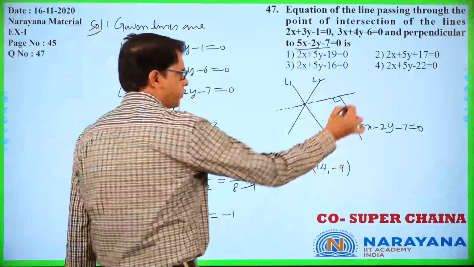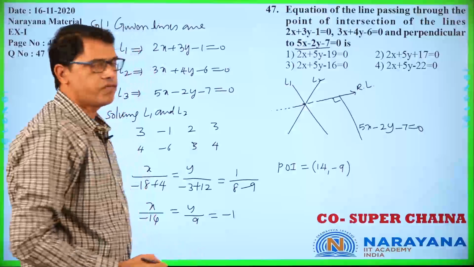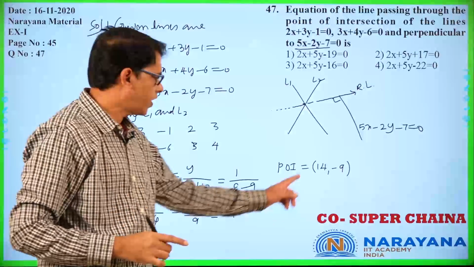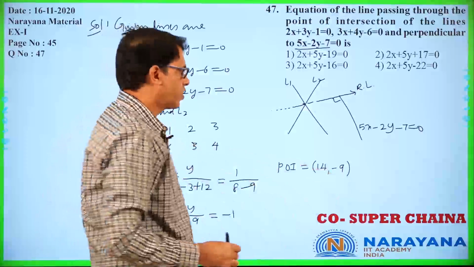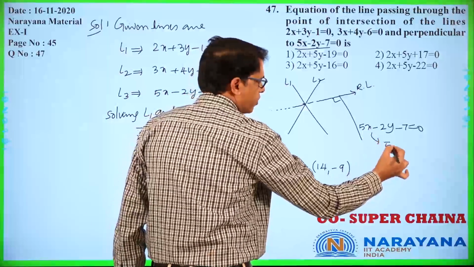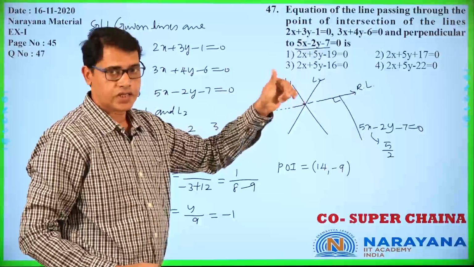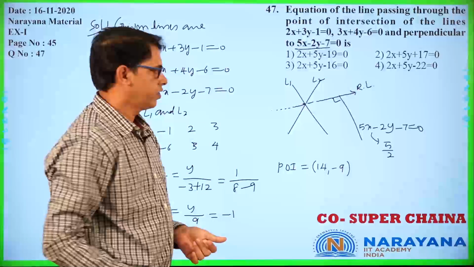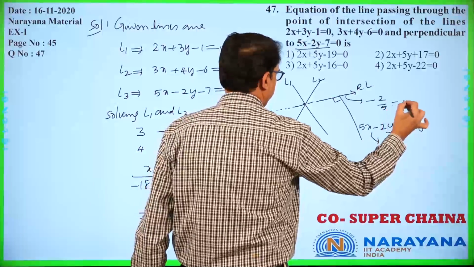This is the required line. So to find the line we need point and slope. Here I found the point. The slope of this line is minus a by b, so it is 5 by 2. For the slope of the required line, take the reciprocal and change the sign. So this will be minus 2 by 5 equal to m.